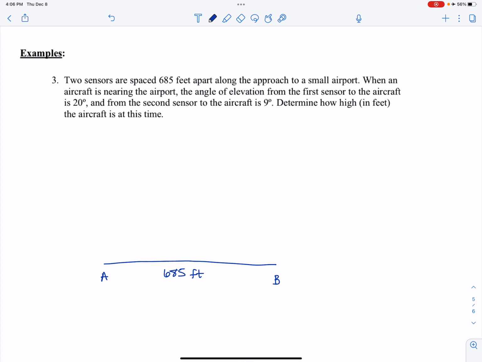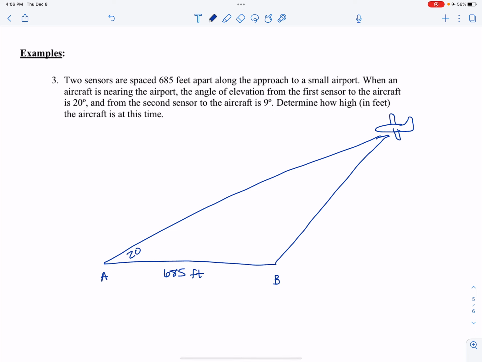So we have a plane coming in, and its angle from the sensors are 20 degrees and 9 degrees. Determine how high the aircraft is. So we want to know the height of the plane.